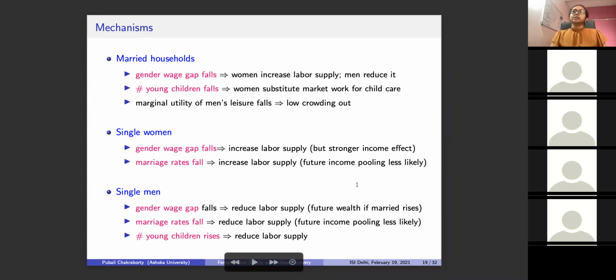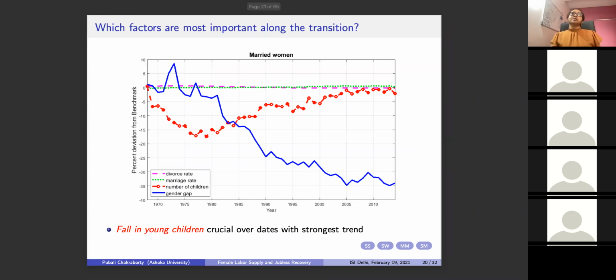All right. So now let me look at the relative contribution of these different demographic factors. This is the picture for married women. In the benchmark case, I allow all four of these factors to change over time, and I allow agents to respond in terms of their labor supply to all four. For each of these series, I essentially shut one down.